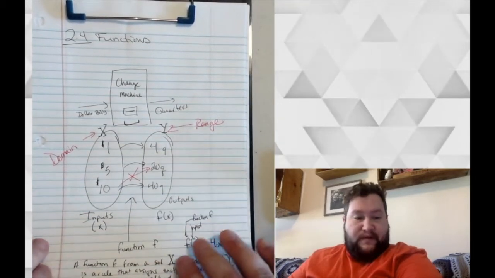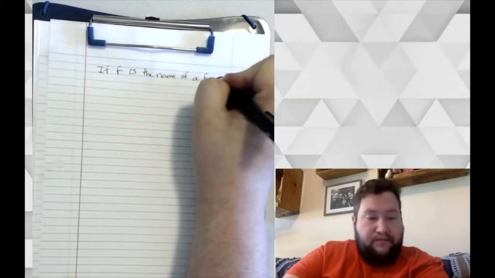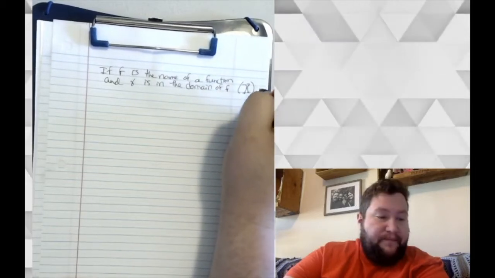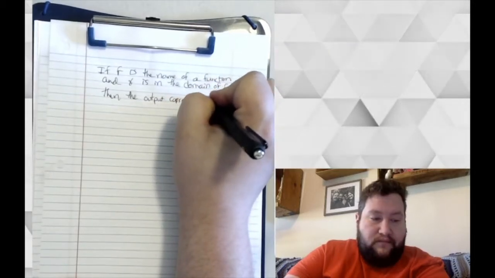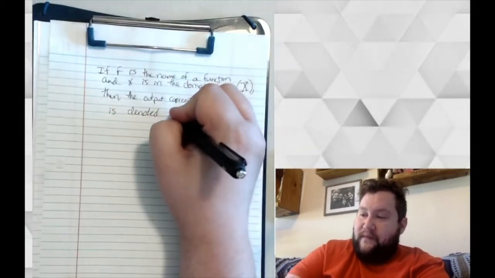And I have some more terms to introduce, so let me get another piece of paper. So if f is the name of a function, and x is in the domain of f, remember we use this capital X to denote domain, then the output corresponding to that x is denoted f of x.